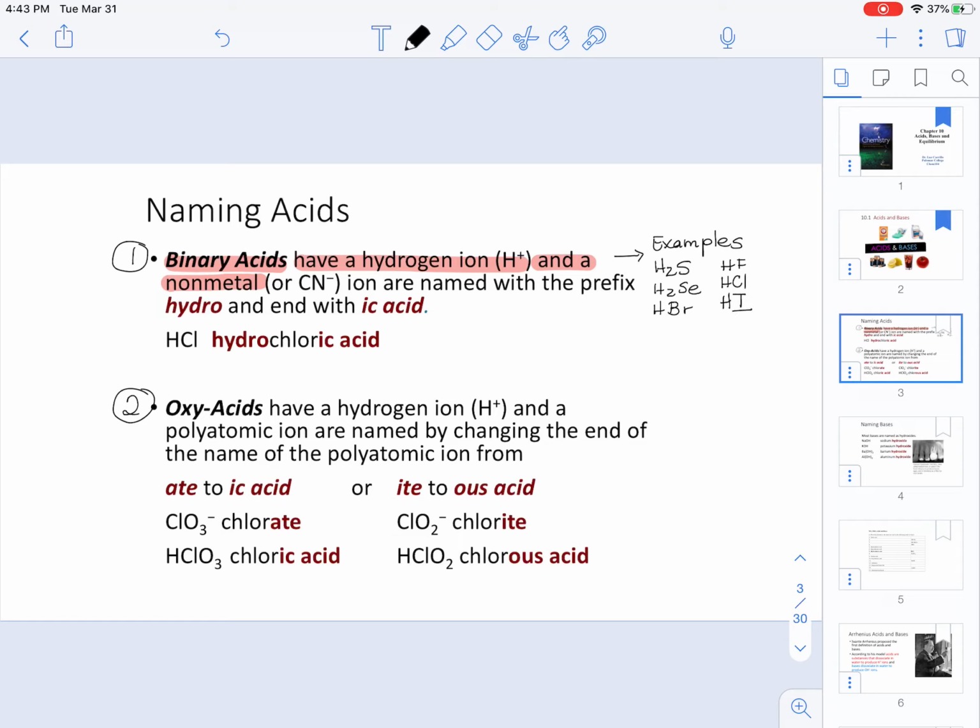Now, when it comes to naming binary acids, to build those names, we have to write the word hydro, followed by the stem of that nonmetal, followed by the ending, which is going to be ic acid.